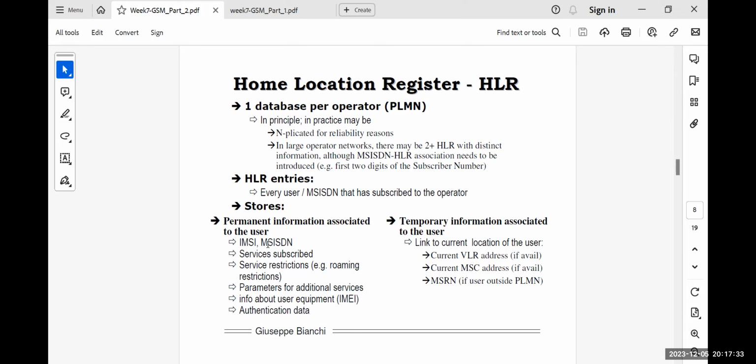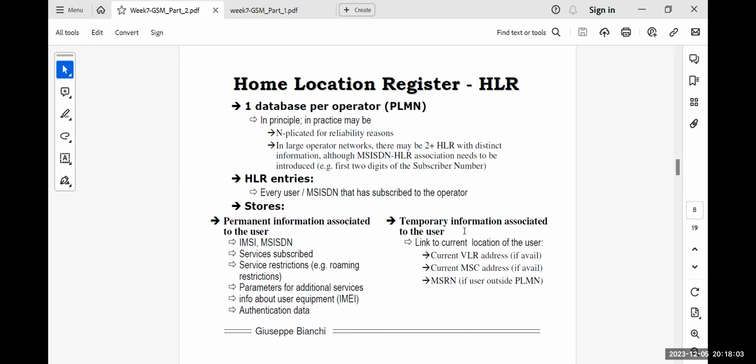For example, your mobile phone number, right? The IMSI, the number associated with your SIM, what kind of services you have subscribed to, if there is some service restriction, for example, related to roaming, the parameters for additional services, the information related to your mobile phone, that is the international mobile equipment identity, and authentication data. All of these things are available in the home location register.